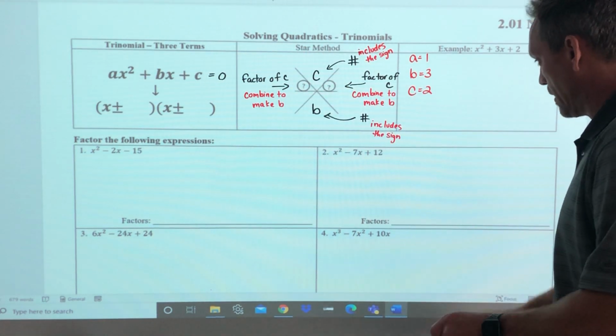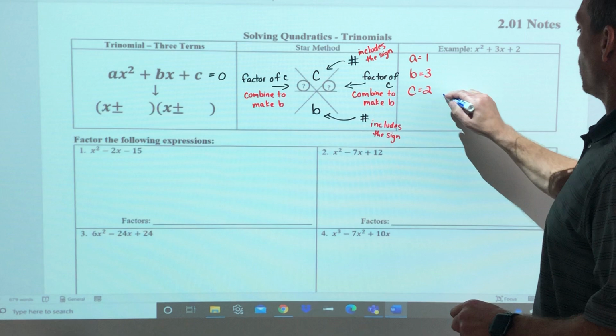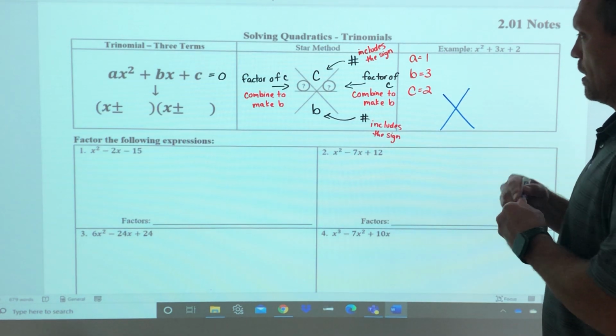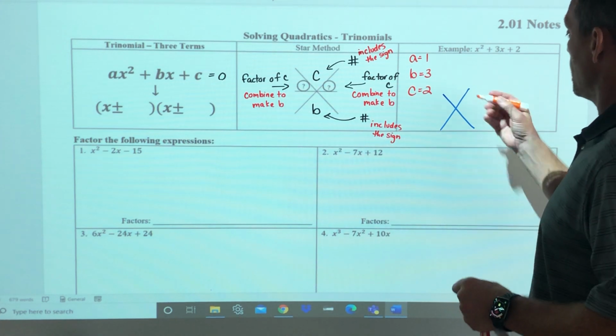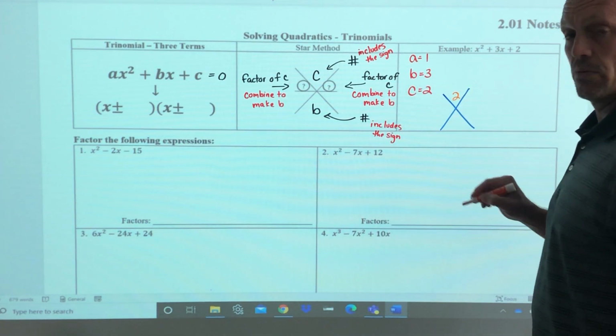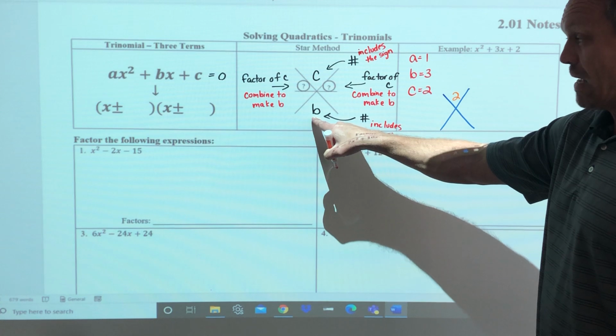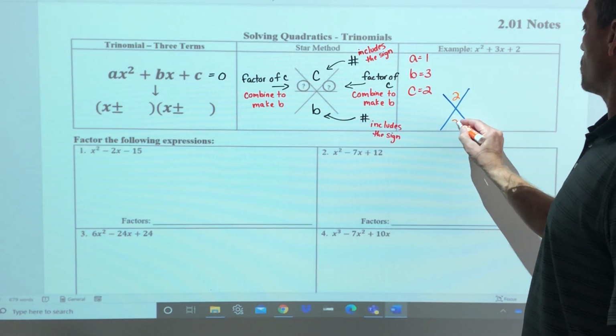So let me get a different color so we can work through this. What that says is we put C up top. Our C is 2. We put B down below, which is 3.